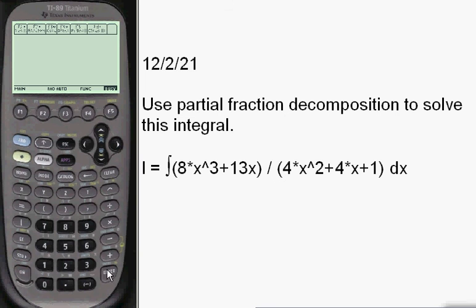And then you enter the formula here, the equation here, integral here, and you have to press alpha first, and then you put 8 times. You have to use the times to tell the calculator that you want to multiply, of course, and make sure you do that.